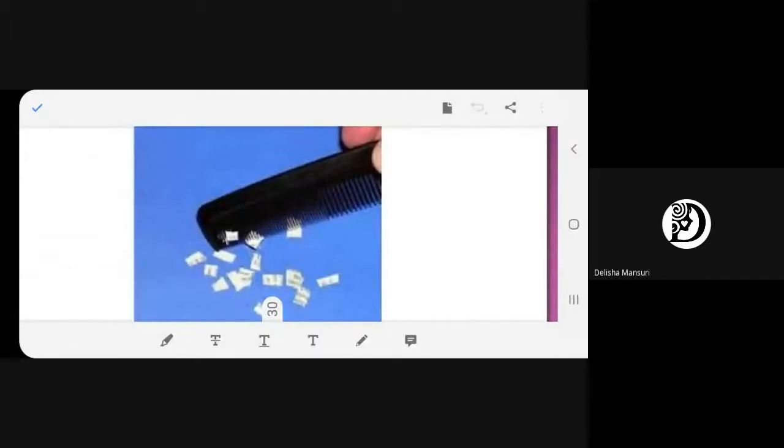See, we have not charged the paper. It is just that we have torn it. That's it. It's not been charged. We have not rubbed anything. So those pieces of paper will be attracted by the comb. How come? Why? Because by rubbing the comb, we have charged it.